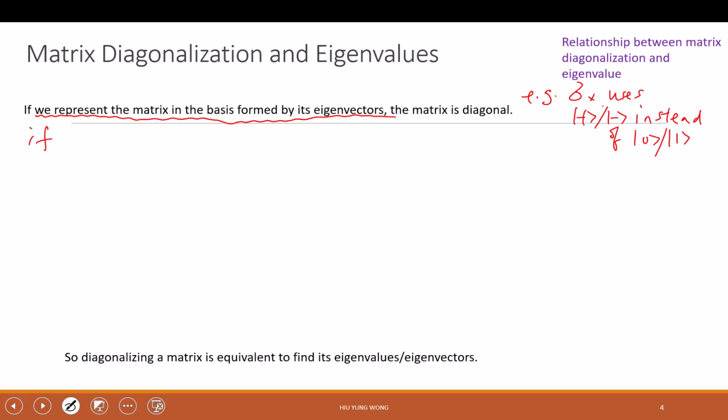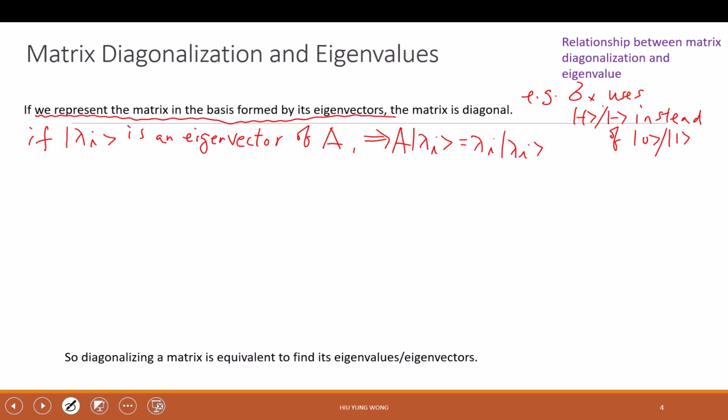So this is what we know. If lambda i is an eigenvector of A, and again, what does it mean? It means A applied to lambda i equals lambda i times lambda i.